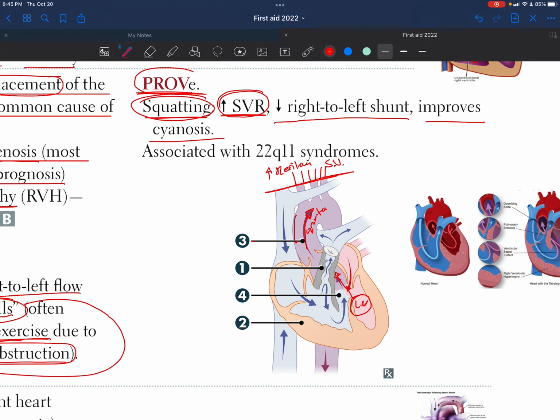So what that means is the right ventricle by itself is also having difficulty pushing blood to the left ventricle, because the left ventricle already has its own problems. It's already in a problem because the systemic vascular resistance is increased, and it's harder for the left ventricle to push into the aorta. So the right ventricle also finds it really difficult to push into the left ventricle.